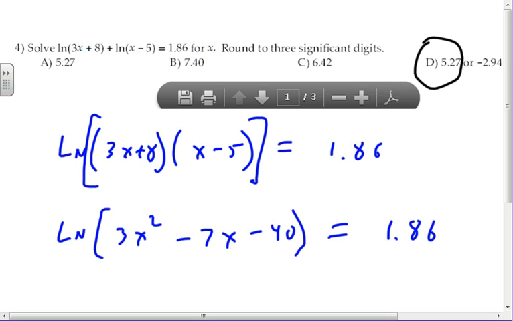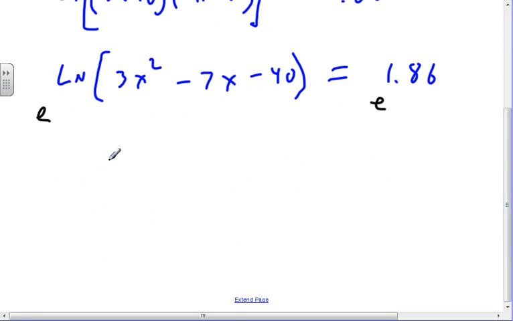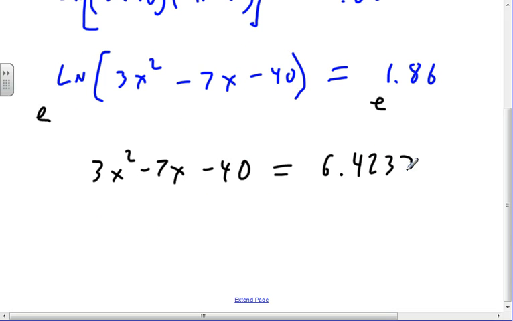Then I'm going to raise this as powers of e, so 3x squared minus 7x minus 40 is equal to e raised to the 1.86, which is 6.4237. So I'm going to bring that to the other side of the equation: 3x squared minus 7x minus, and I'm going to subtract 40 from my answer.